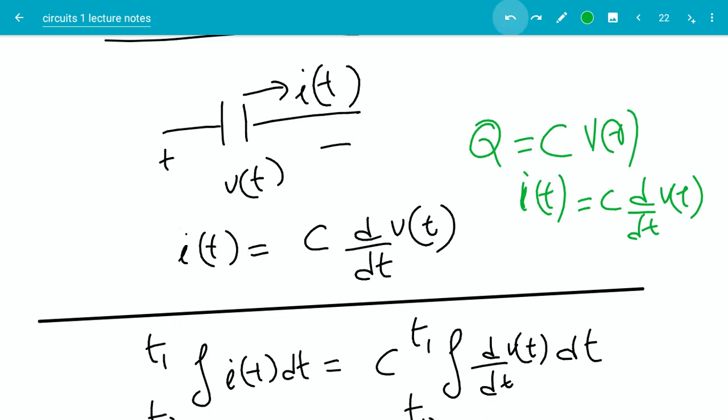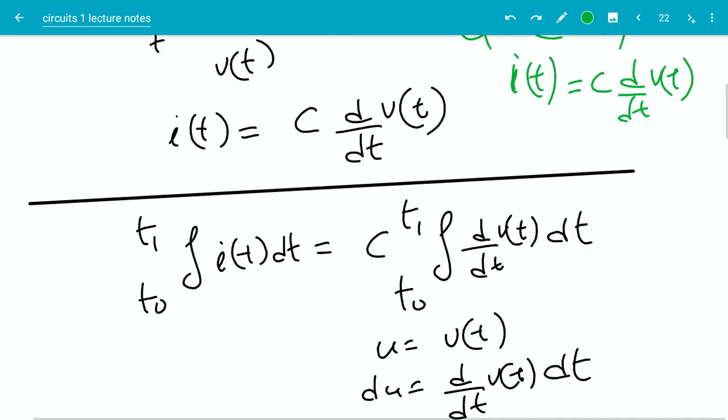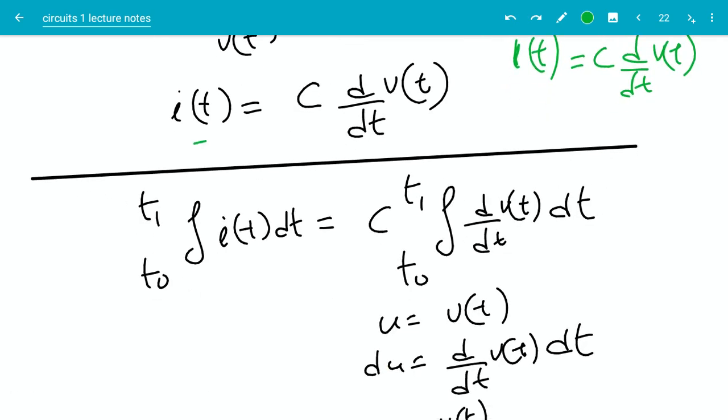Now let's do the other way around. Say you know the current going through the capacitance, how do you find the voltage? This means solving a very simple differential equation, which I'm going to go through here. I take this equation and integrate on both sides, and I get this integral equation.